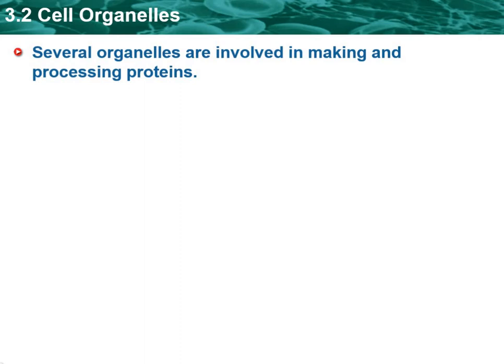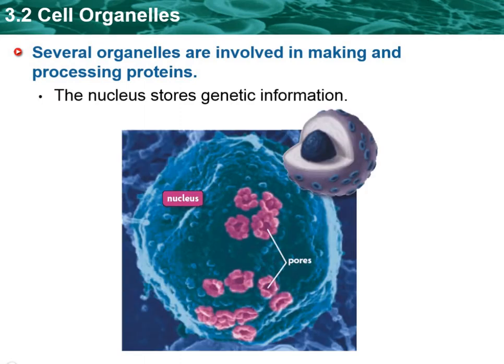So several organelles are involved in making proteins and processing the proteins. So this is a key thing that most of our cells are going to need to do. So the first thing is the nucleus. The nucleus is going to be where the genetic information is stored.